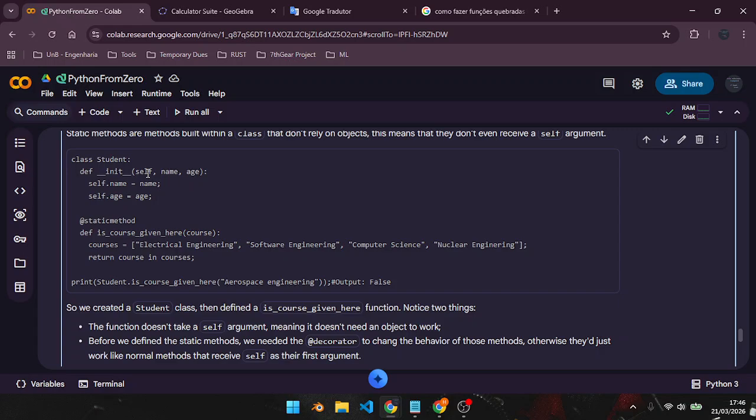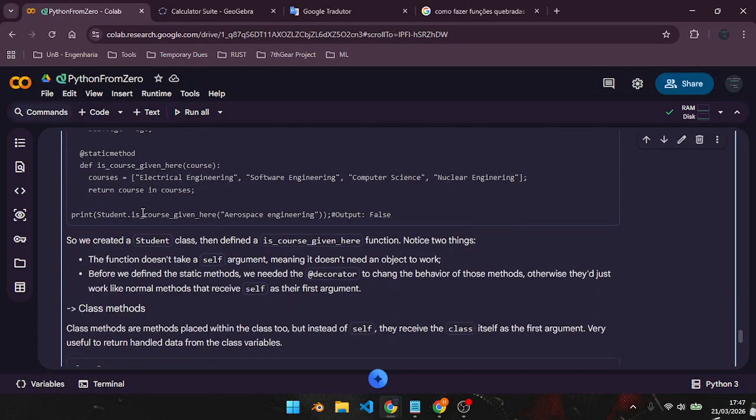But sometimes you need the method from that class, but you don't have any object, or you don't need to provide any object. So what you do is you create a static method, and static methods can have any type of argument or even no arguments at all. So as you can see here, I had a course argument, but I didn't have the self argument. So I can call this without even having created a student object before.